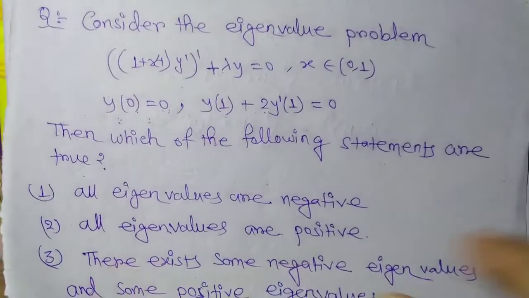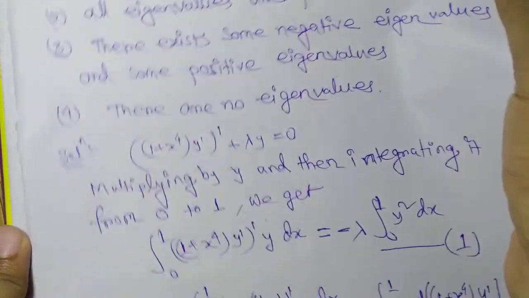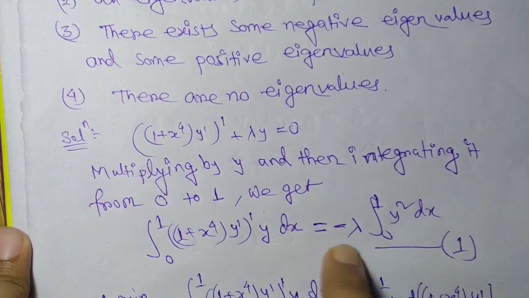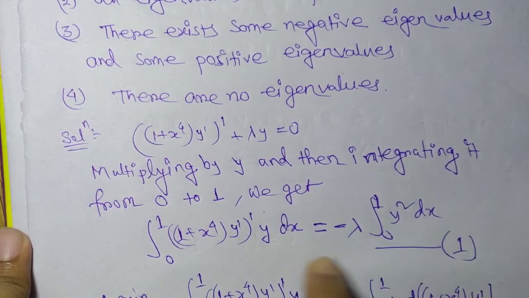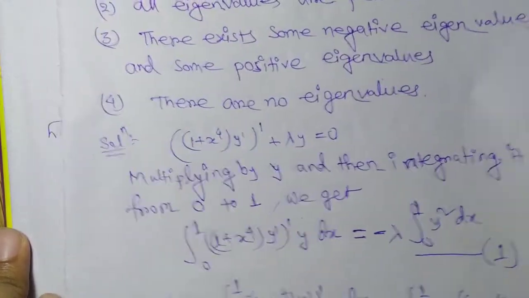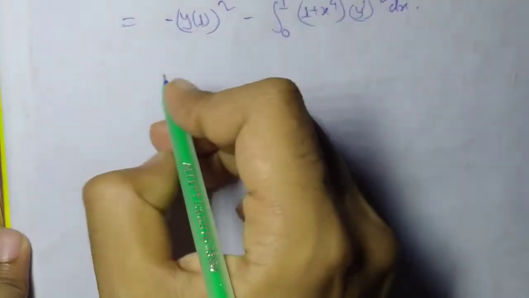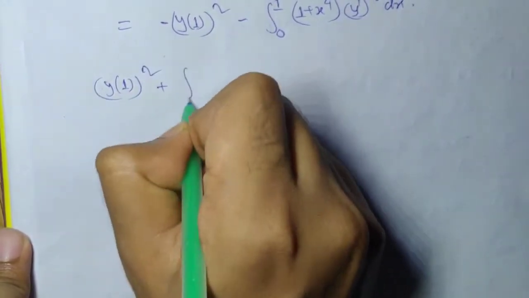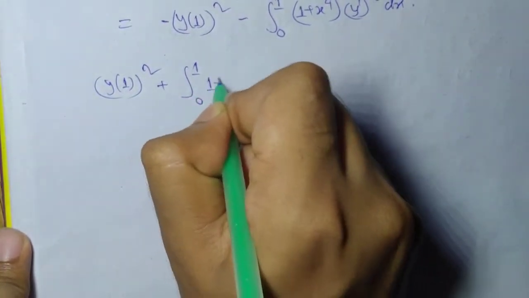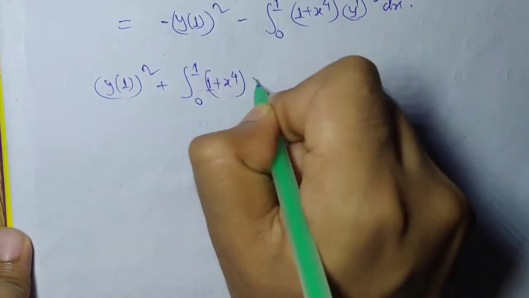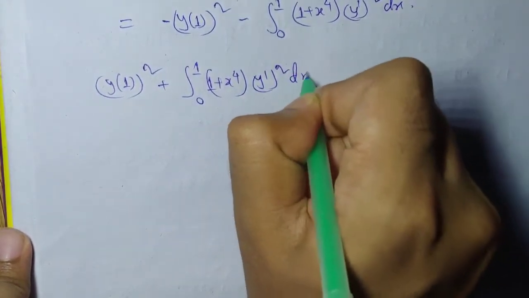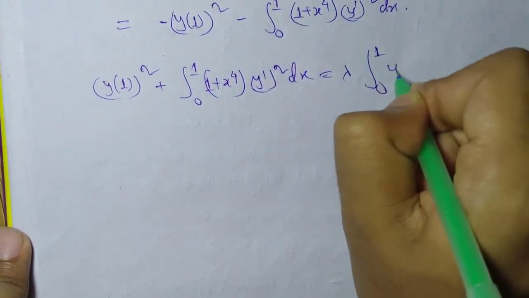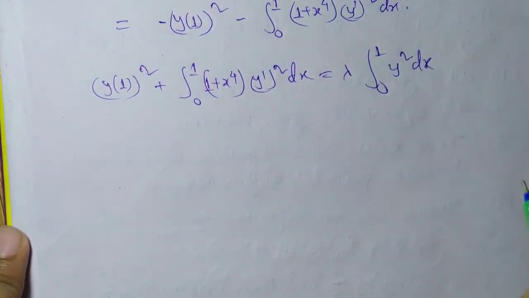Now from equation 1, we see that y(1)^2 plus the integral from 0 to 1 of (1 + x^4) y'^2 dx equals λ times the integral from 0 to 1 of y^2 dx.